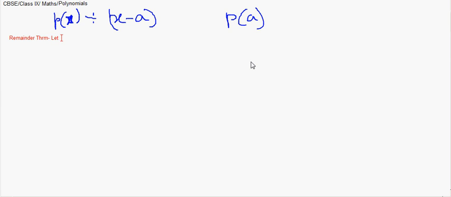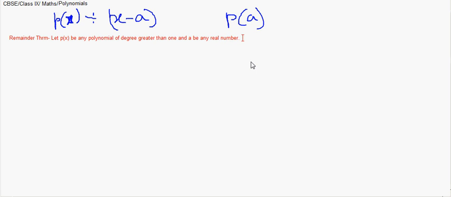It says let p(x) be any polynomial of degree greater than or equal to 1, and a be any real number.